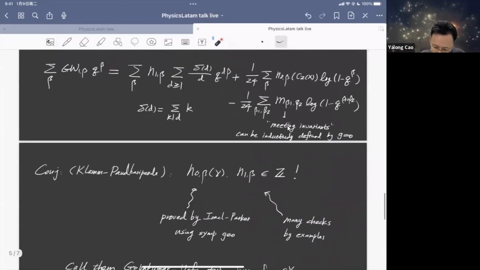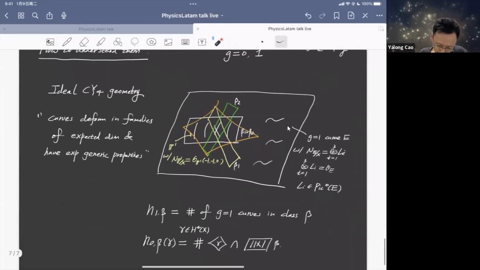But anyway, so now, the geometric understanding of such a Gopakumar-Vafa invariance in this ideal case.